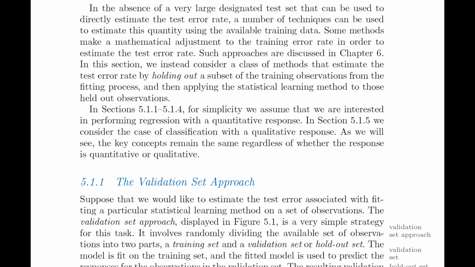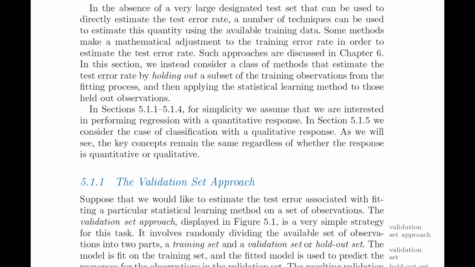So holding out a subset of the training observations from the fitting process and then applying the statistical learning method to those held out observations. In sections 5.1.1 until 5.1.4, for simplicity, we assume that we are interested in performing regression with a quantitative response. So this is back to chapter 3, linear regression, for instance.